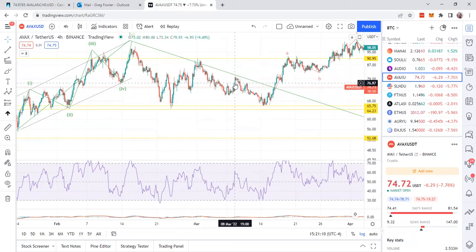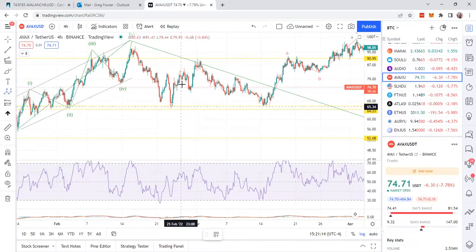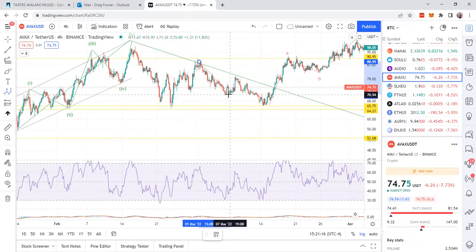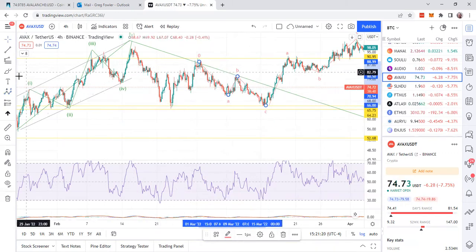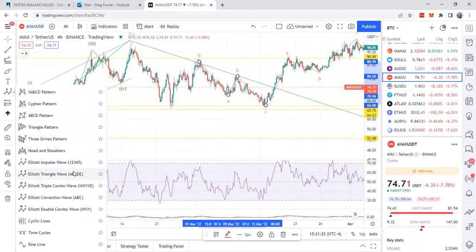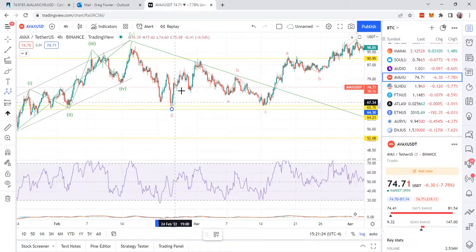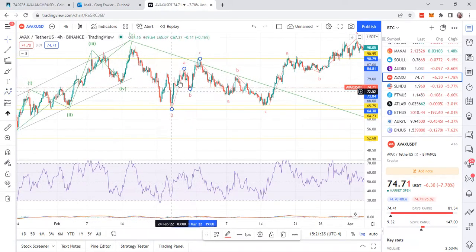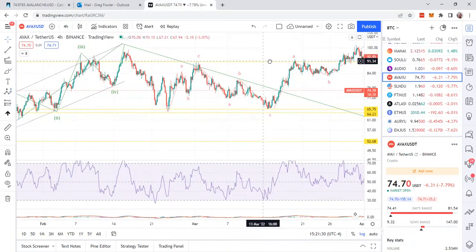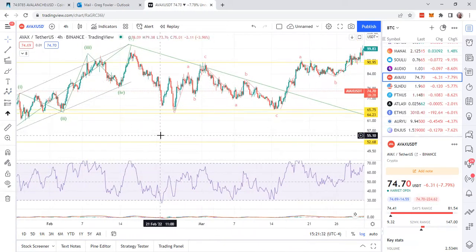Because this is a 3-wave. So you go right here. This is a 3-wave move. So this has to be a 3-wave move somehow.